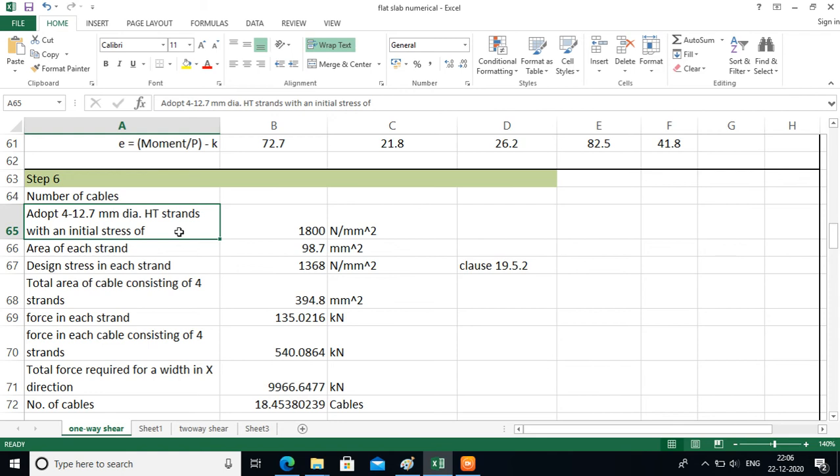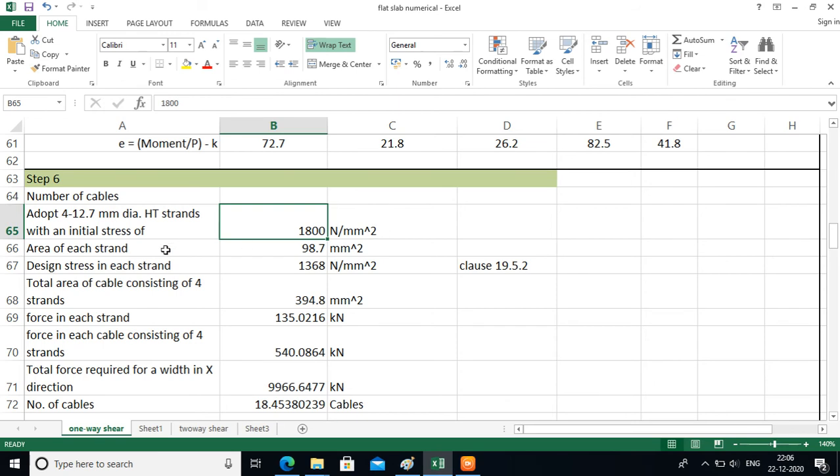Actually, we can get all this data from IS 6006. The area of each strand for our selected strand is 98.7 mm square.